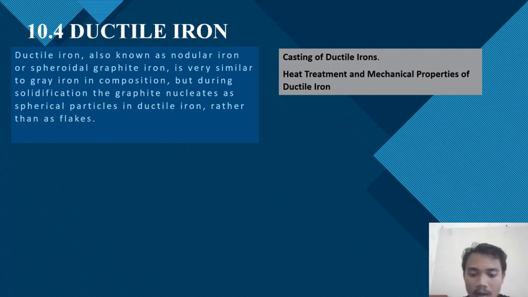Ductile iron castings are second only to gray iron in the amount of casting produced, accounting for over a third of all castings, ferrous and non-ferrous. In the heat treatment and mechanical properties of ductile irons, many ductile iron products are used in the as-cast condition, but in some foundries, approximately 50% of the products are heat treated before being shipped.